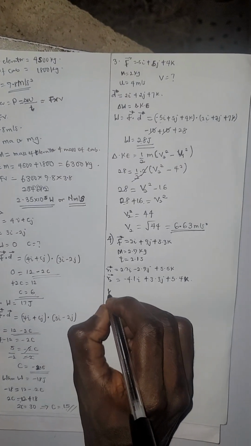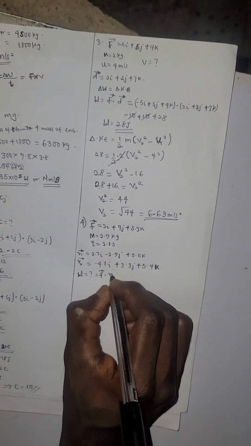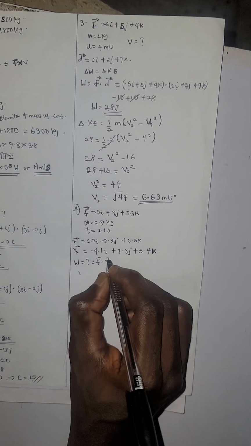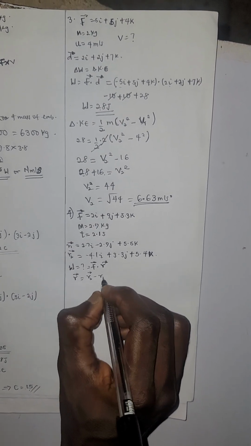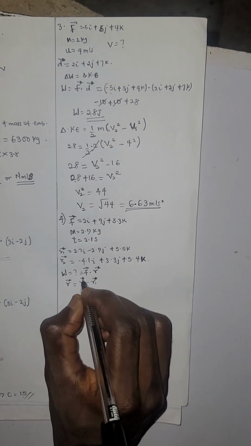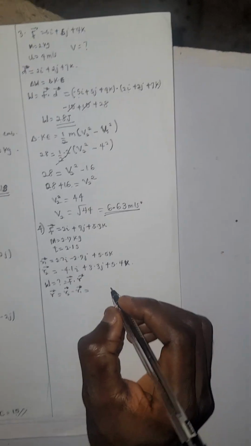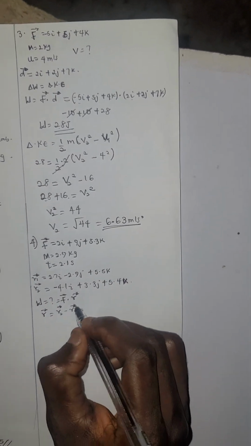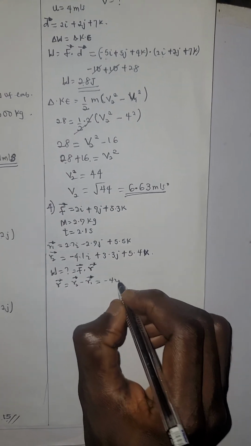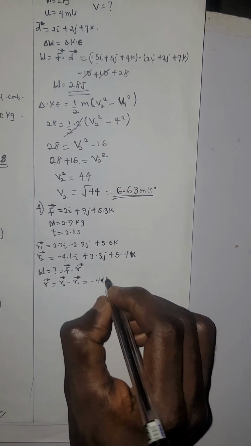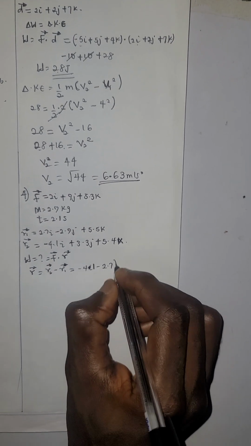Let's calculate the work done. W is going to be force dot R. Our vector R here is going to be R2 minus R1, more or less like the distance between the two points, the two positions. When you subtract this from this, we are going to have minus 4.1 minus 2.7 in the form of i.